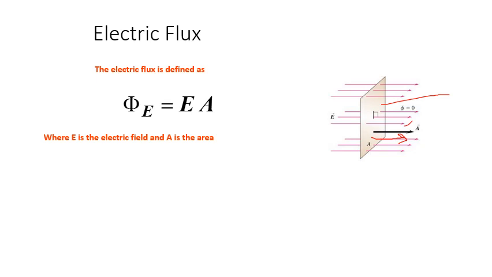Here it is shown by A, and E is the electric field. So the flux is given as EA.